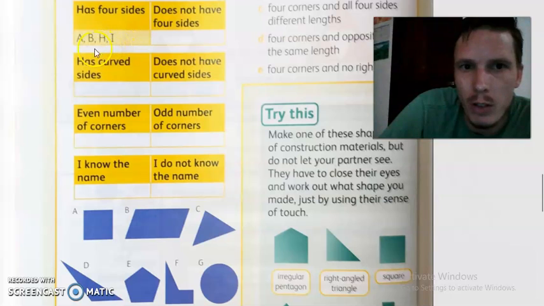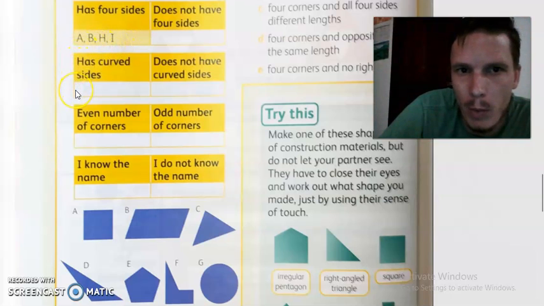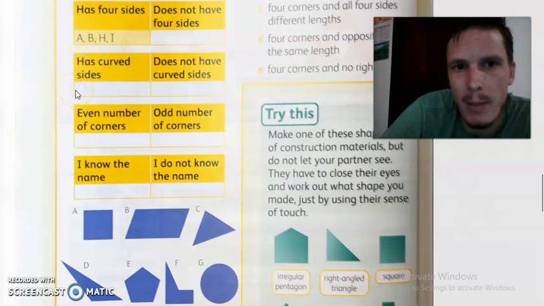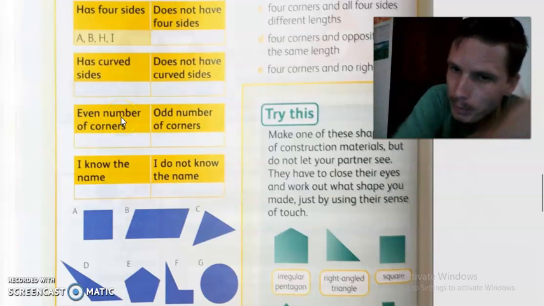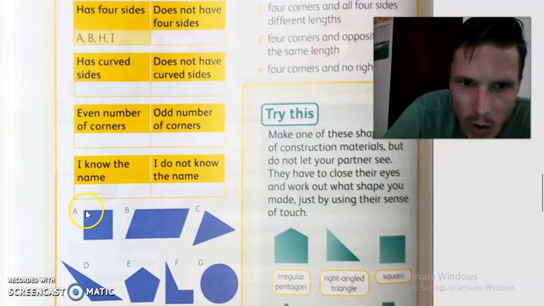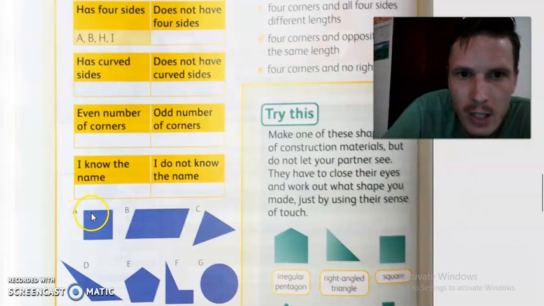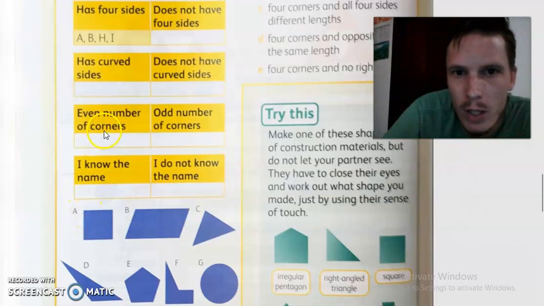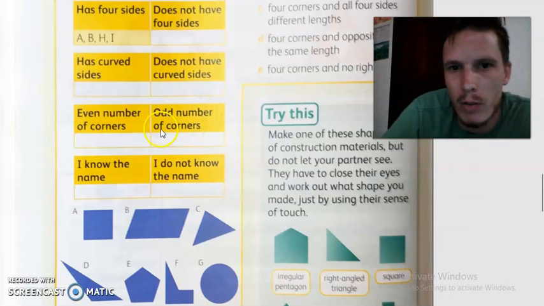Then what you're going to have to do is draw a second table which divides the shapes up into shapes that have curved sides and shapes that do not have curved sides. A third table which is shapes that have an even number of corners. So remember, the corners are here, they're at the edges of the sides. An even number of corners and an odd number of corners.